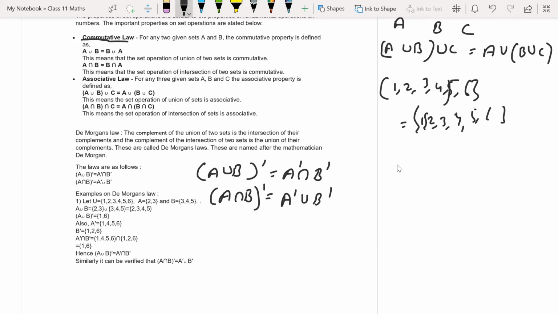Let's consider it with the help of the complement. Complement is the reverse with respect to the universal set. It means if there is a set of odd integers, the complement of that is the elements which are not odd.